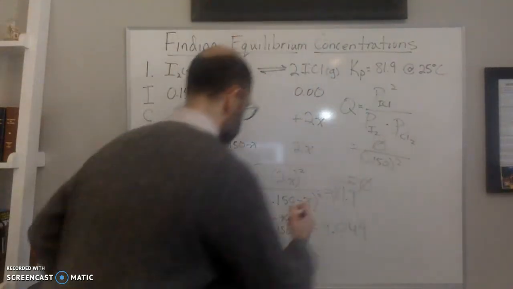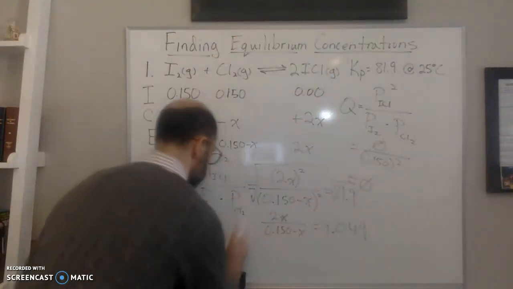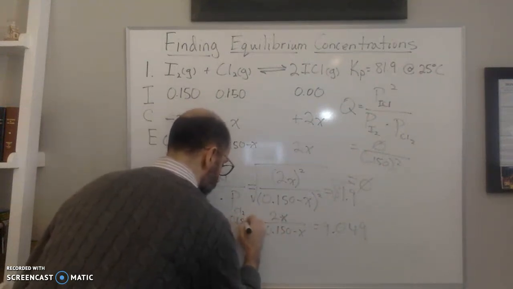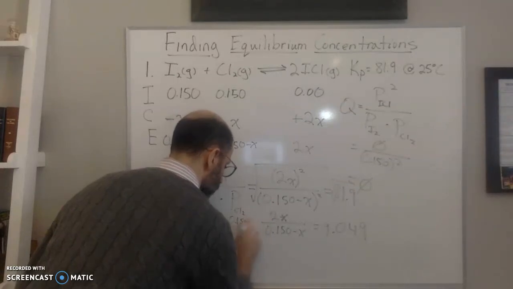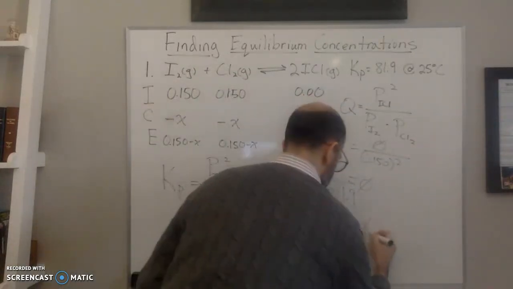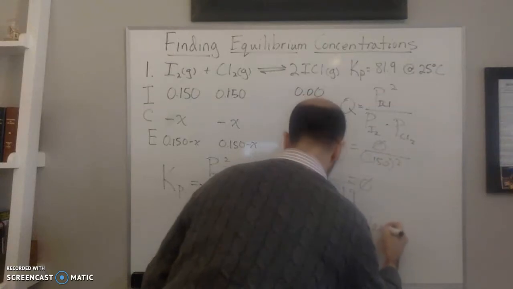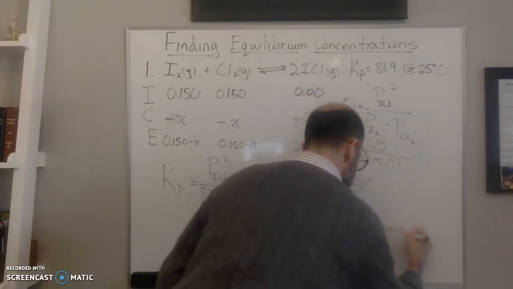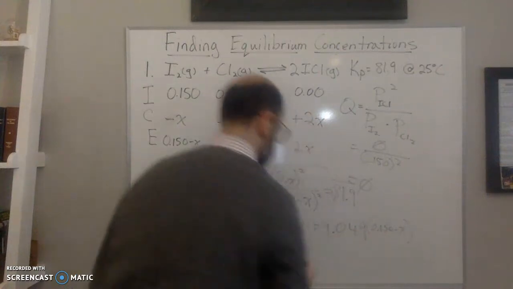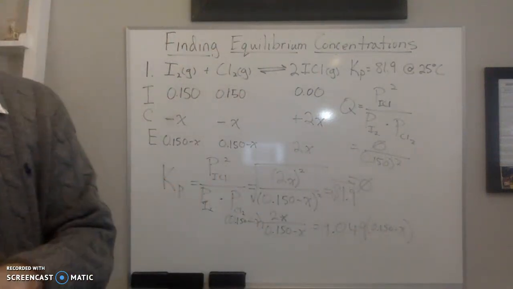So here we're going to multiply both sides by 0.150 minus x. Multiply this side by 0.150 minus x. We're going to multiply this out. This becomes, let's see, what is that?